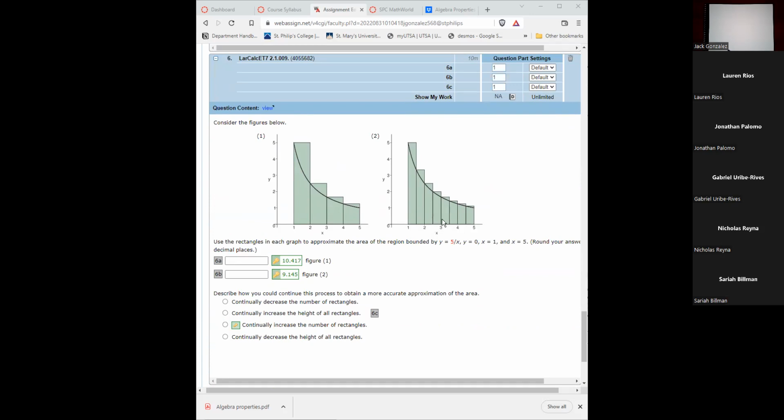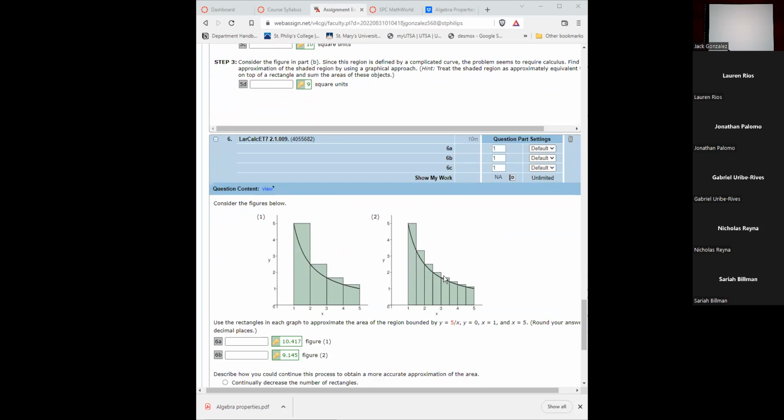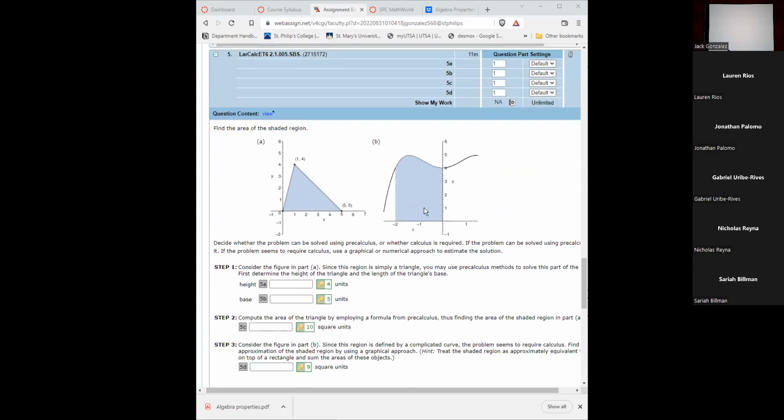So if I put an infinite number of them, then I get this perfectly smooth shape like this. So calculus uses this idea of summing an infinite number of rectangles to find the area. That's why we need it here versus over here. Here it is not necessary. Here we need it.